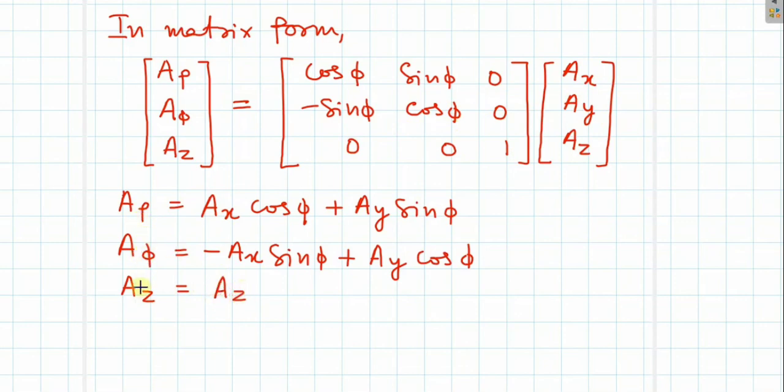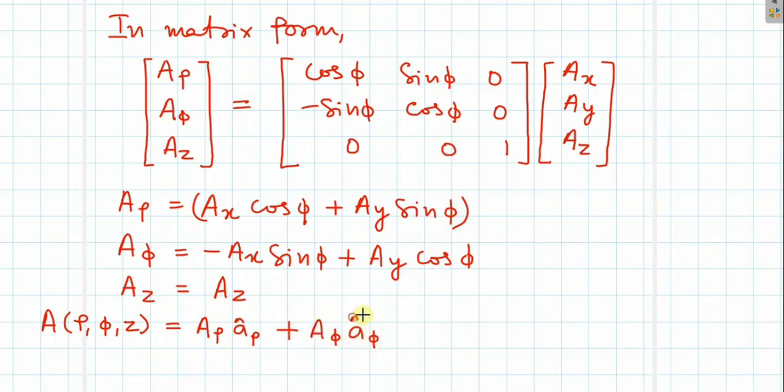So finally, if I have to write this vector in the cylindrical coordinate system rho, phi and z, we can write the rho component, A rho in the direction of rho, plus A phi in the direction of phi, with the expression we found in place of A phi, and then Az in the direction of z, where z is the same.